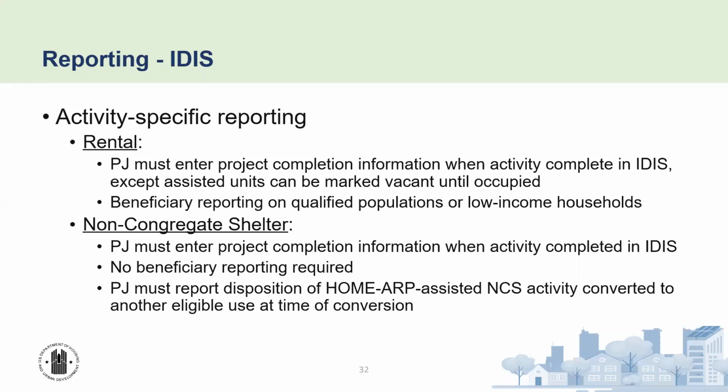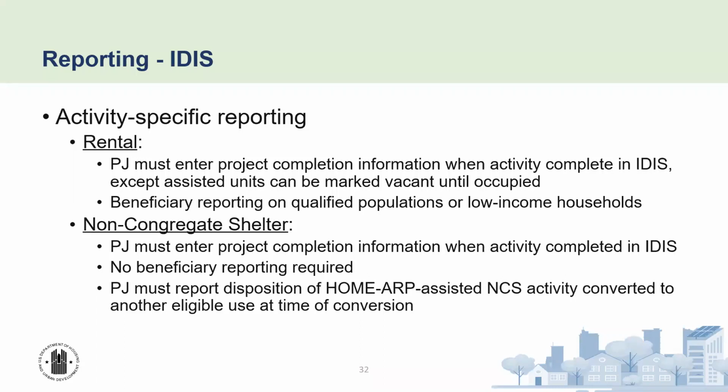So, like with regular HOME, the PJ is going to want to complete the rental activity in IDIS when it meets the project completion requirements outlined in CPD Notice 2110, even if not all of the assisted units are occupied. Once the units become occupied, the PJ will need to reopen the activity and add the beneficiary information for the recently occupied units until occupancy is reported for all HOME-ARP assisted rental units.